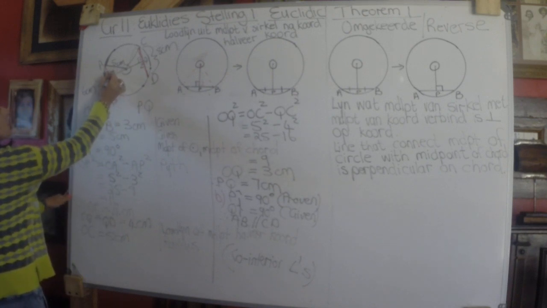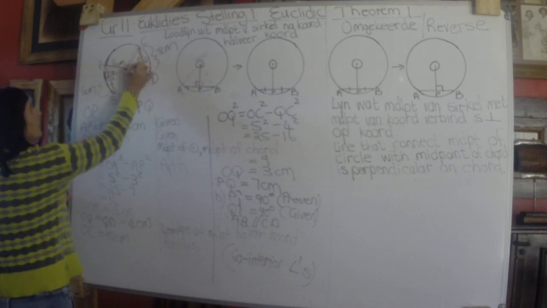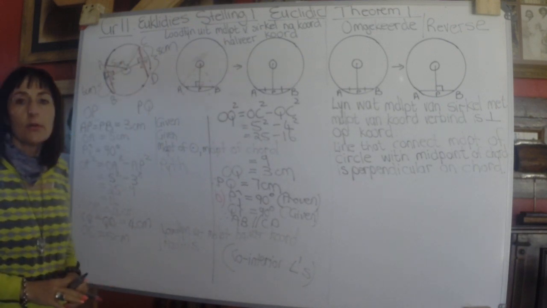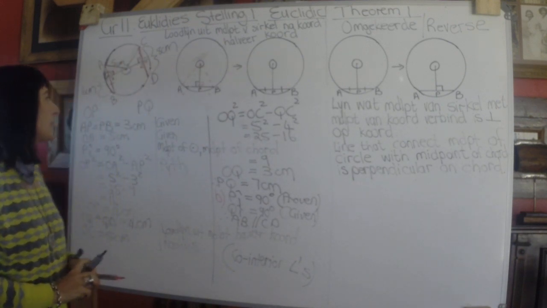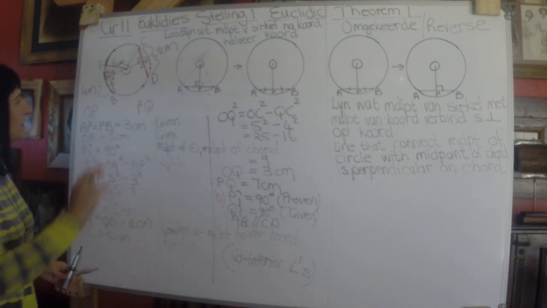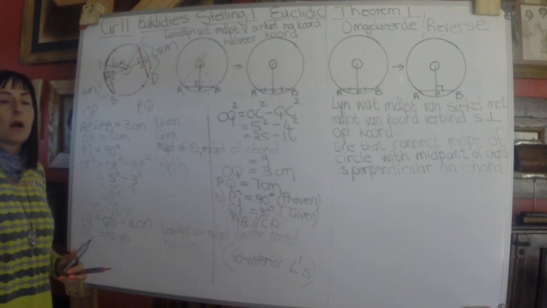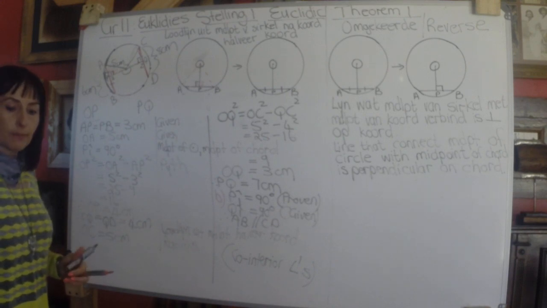Co-binnehoeke, as co-binnehoeke saam 180 grade is daar die twee lyne ewewydig. So there, grade 11s, I've applied my theorems and my previous knowledge to solve a problem. I'll be back with theorem number 2.